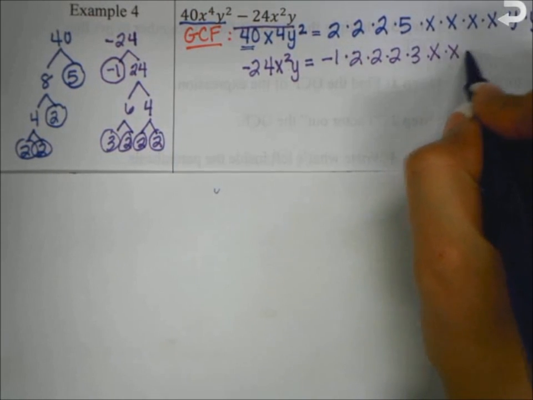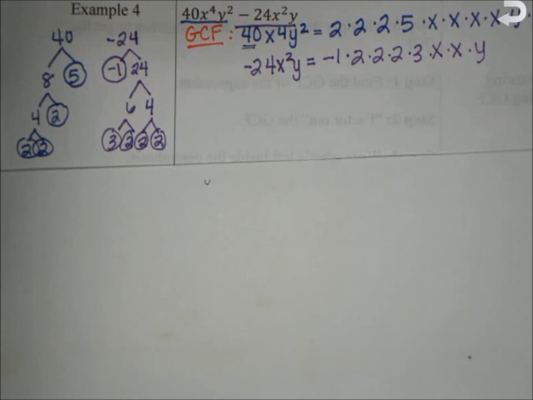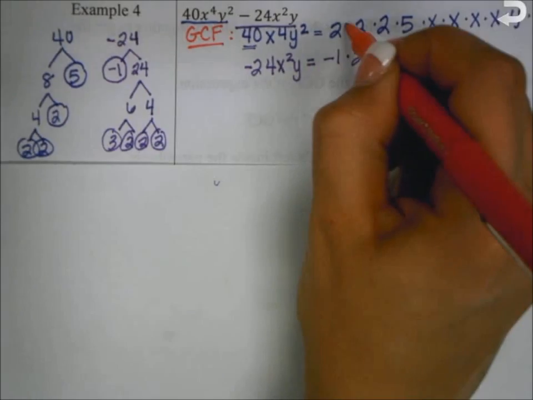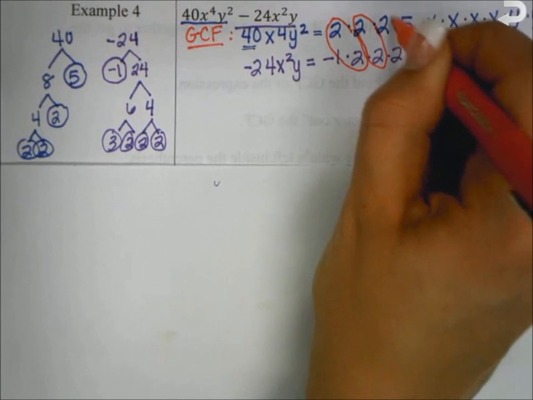Now what do we do? Now we need to find the GCF. So we have to circle what they have in common. So what do they have in common? I see some 2's here. I see some more 2's and some more 2's. So there's 3 2's in common. X and Y. There's how many x's? 2 x's in common.